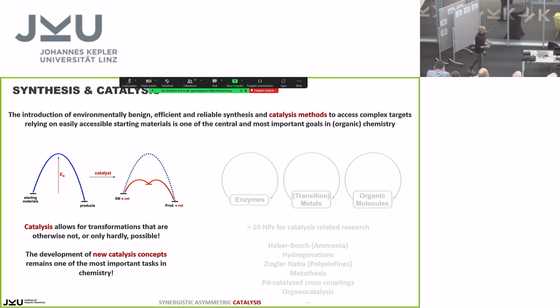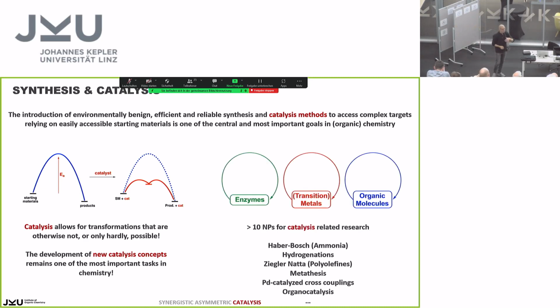And over the years, the development of catalysts has really been very, very prominently also honored by looking at the Nobel Prizes that have been given to catalysis-related research. There have been Nobel Prizes for catalysis-related research using enzymes as catalysts. There have been Nobel Prizes for transition metal catalysis.